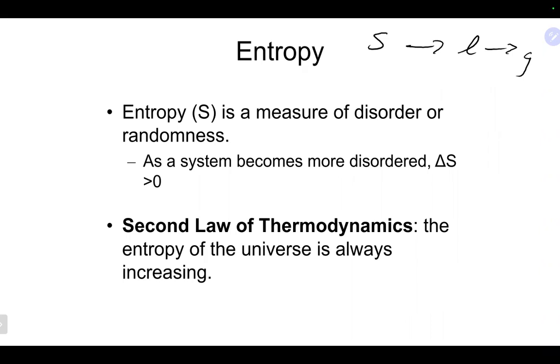They are getting more disordered, right? You're solid, everybody's locked together. Liquid, everybody's moving around a little bit. Gas, everybody's flying around crazy, right? So there's a lot more disorder happening. So in this process, as we go from solid to liquid to gas, the entropy is actually increasing, which in the case of entropy actually means that it's becoming a more positive value.